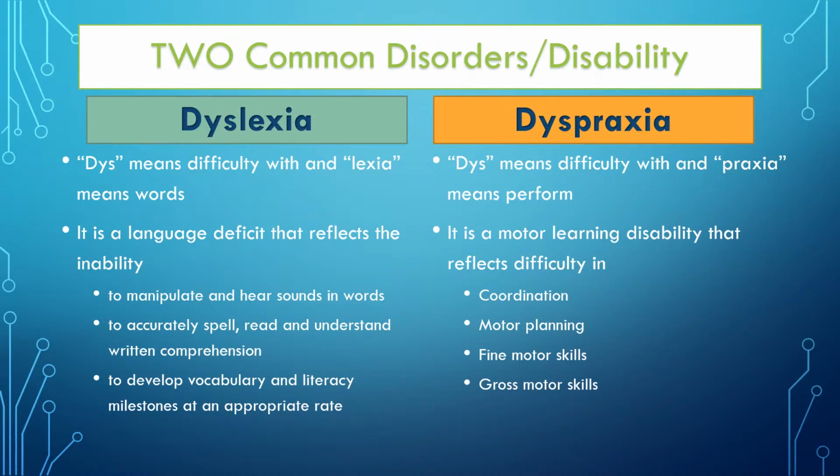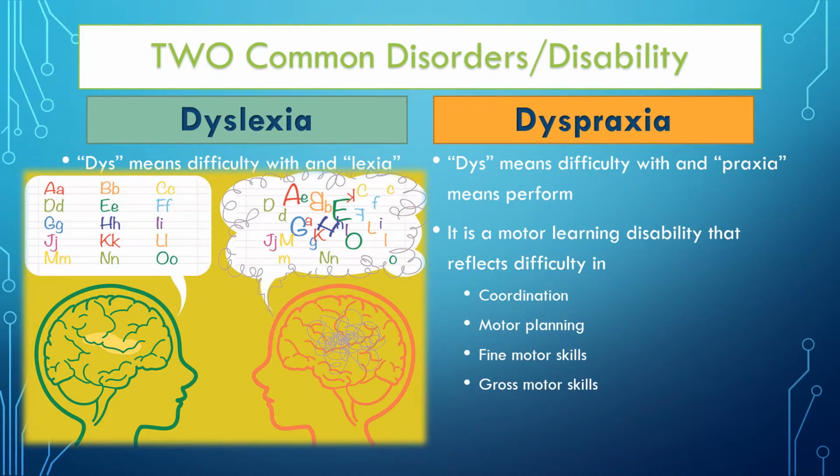Common signs of a child with dyslexia include late talking or difficulty forming words, problems remembering and naming letters, numbers, and colors, avoidance of activities, and difficulty processing and understanding what is seen or heard.